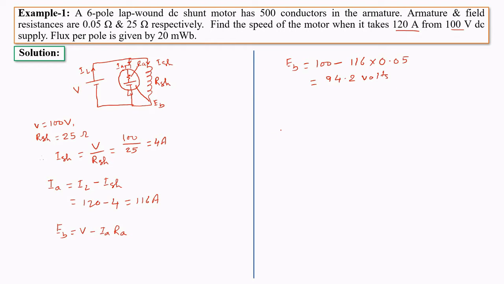Now we have to find the speed. We know that the back EMF is represented as Z phi P N upon 60A.